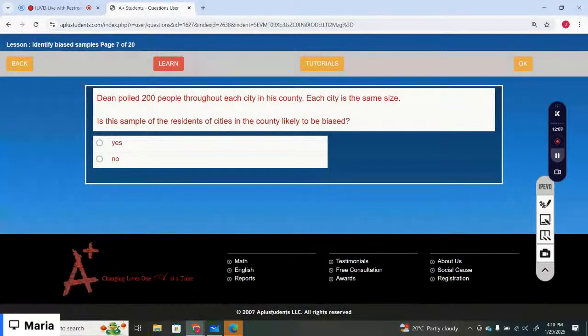Dean polled 200 people throughout each city in his country. Each city is the same size. Is the sample of the residents of the cities in the country likely to be biased?